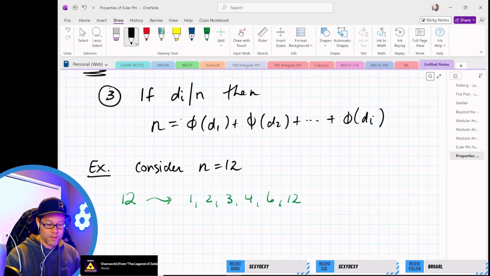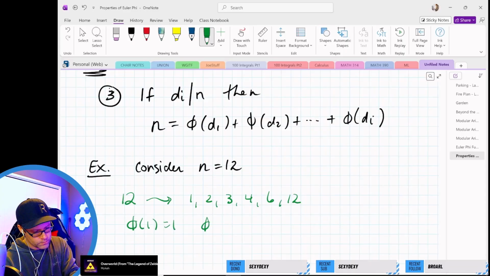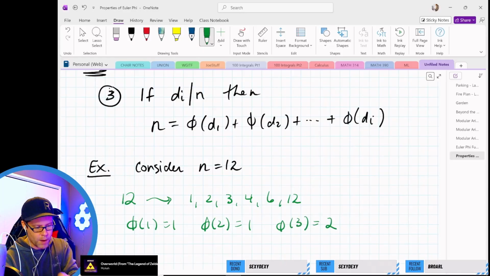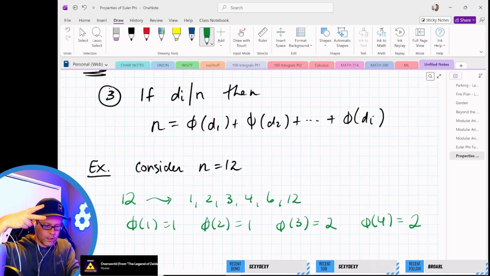In order for us to verify this equality, we're going to have to find the Euler Phi function for all of these divisors. So we know phi of 1 is 1, phi of 2 is 1, phi of 3 is 2, because 3 is a prime number. Phi of 4 is just 1 and 3, so 2.